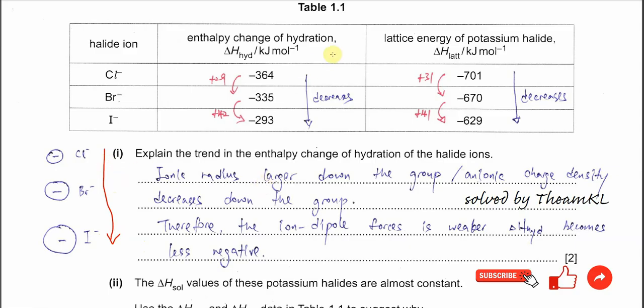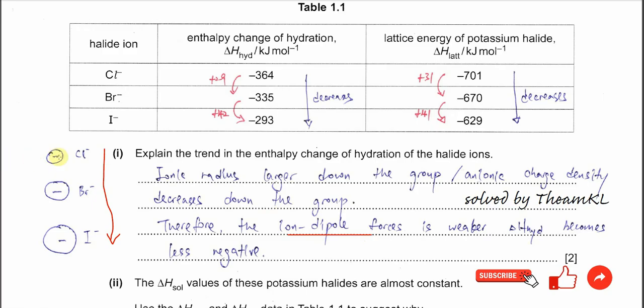The enthalpy change of hydration is because of these gaseous ions dissolving in water. So when, let's say, gaseous chloride, gaseous bromide, gaseous iodide dissolve in water, they will form bonds with water. The attractions that are produced are ion-dipole forces. Ion means the anion, dipole means it is from the water. So the attractions that form between the chloride and water are stronger.